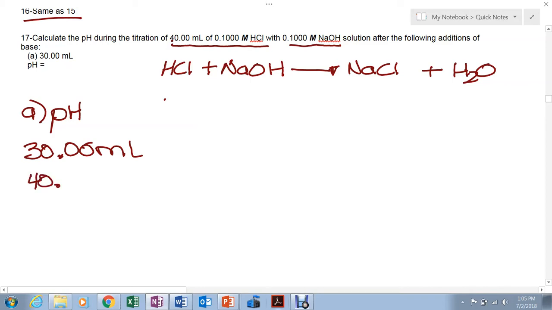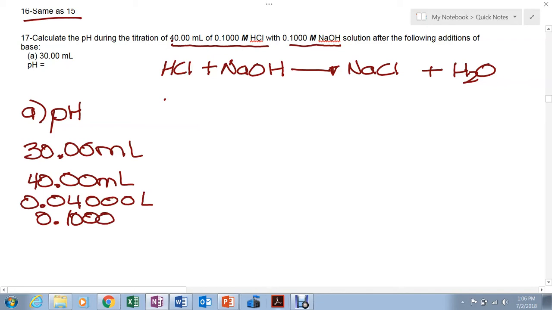So initially we had all of this in the flask, 0.040 liters of acid, with a molarity of 0.1000.